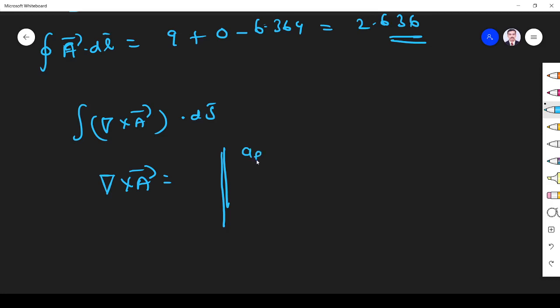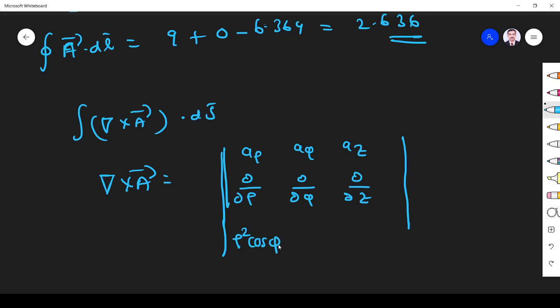For the cylindrical coordinate system, we write a_rho, a_phi, a_z, then d by d rho, d by d phi, d by dz, and here you put the component values. The rho component is, as per the problem, rho squared cos phi, the phi component is 0, and the z component is z sin phi.